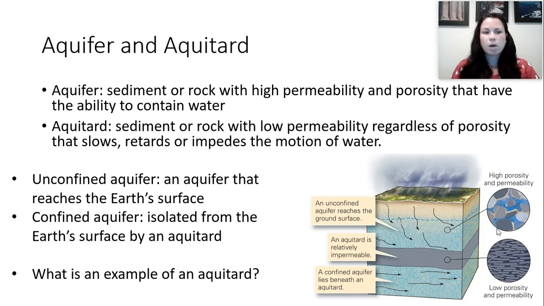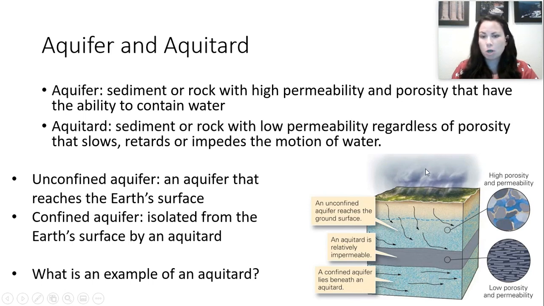So an unconfined aquifer is one that reaches the Earth's surface, and a confined is one that's isolated by an aquitard. So here on the diagram on the right, we can see that this layer would be an example of an unconfined aquifer because there's just sediment above it, and it can be recharged from rain.